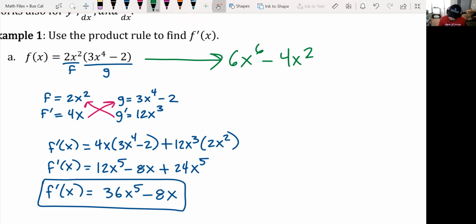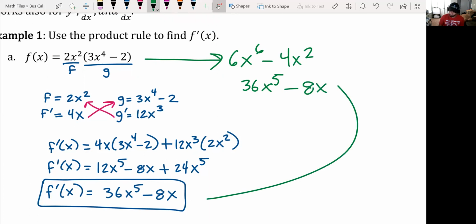That is 36x to the 5th minus the derivative of 4x squared, 8x. And oh my goodness, we would have been done a long time ago. But once again, the idea is to show product rule because sometimes the functions will not be that easy. But again, there is another way that's showing you another method on how to find the derivative. Okay.